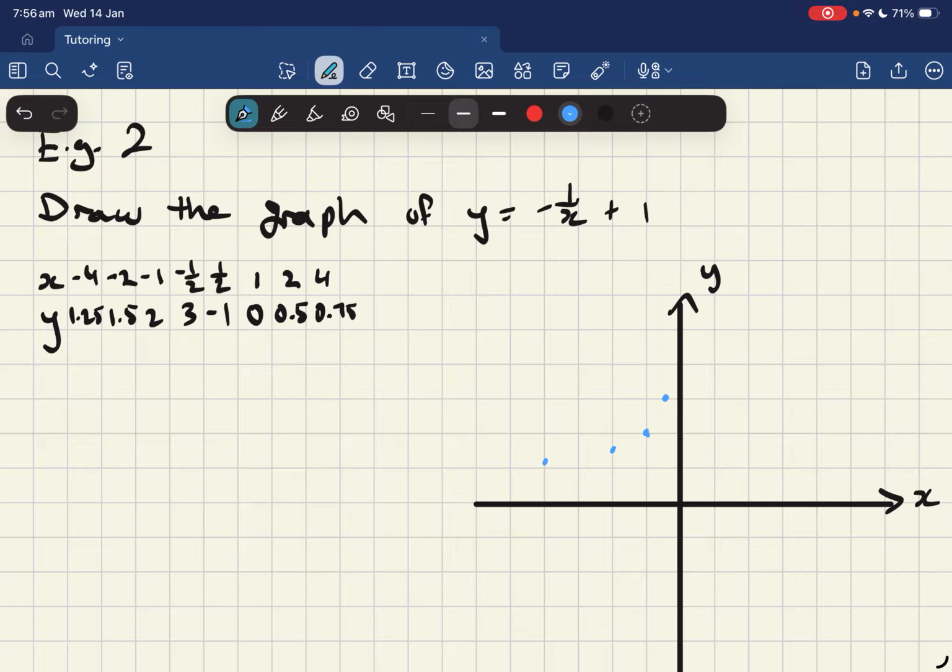Okay. Now, when we get to our value of x is a half, we see that y is negative 1 over here. When x is 1, y is 0. When x is 2, y is 0.5. And when x is 4, y is 0.75.